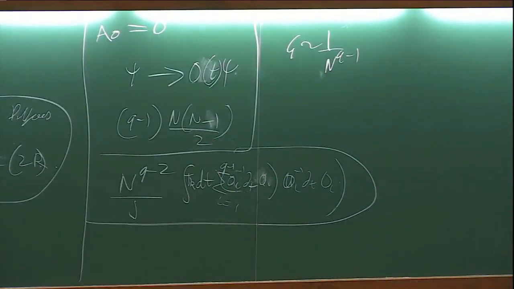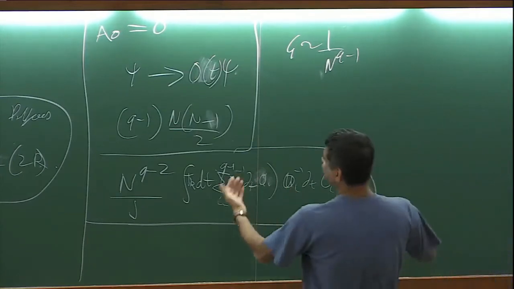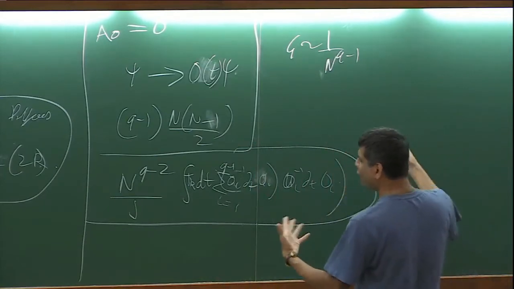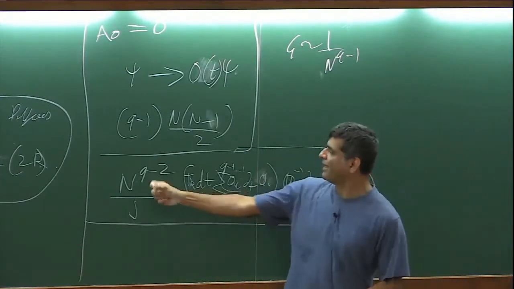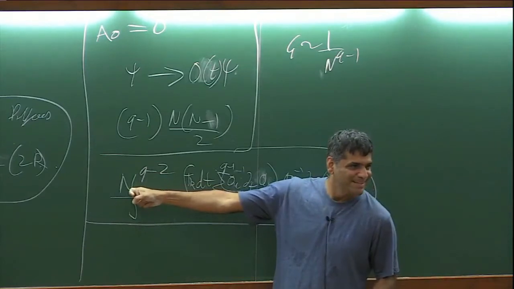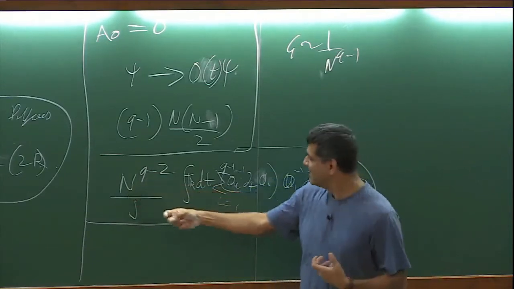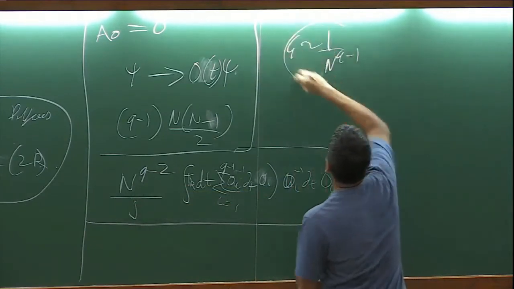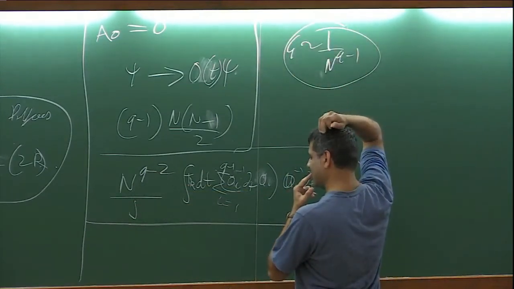Why does it remain weakly coupled? Because the thing that governs the coupling constant of a gauge theory is its 't Hooft coupling. Okay? And in this case, the 't Hooft coupling is basically one factor of N suppressed from here. Okay? And that remains weakly coupled. I've got some Q minus 2.